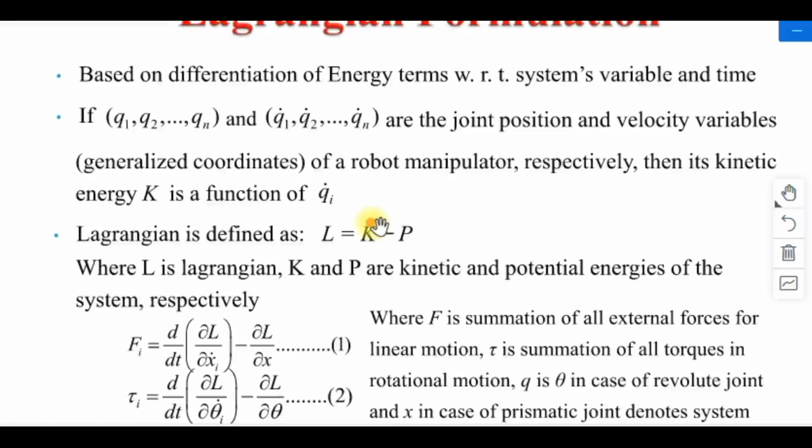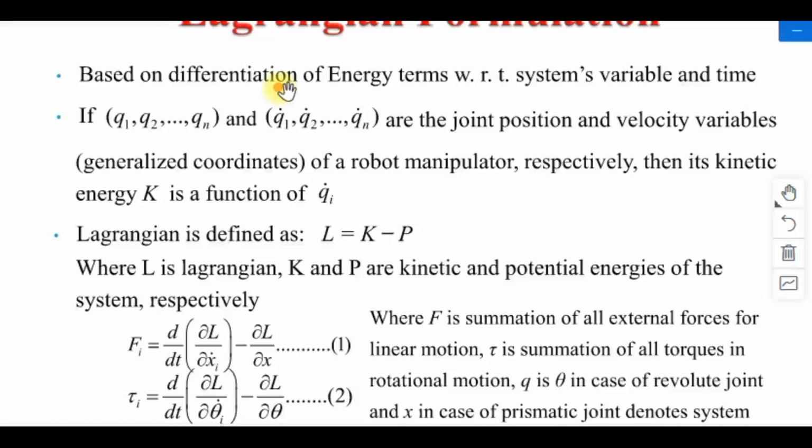And you may not be surprised that all the source of energy is coming from the external force. And how is the external force given? The external force is given by means of torque or the motor.